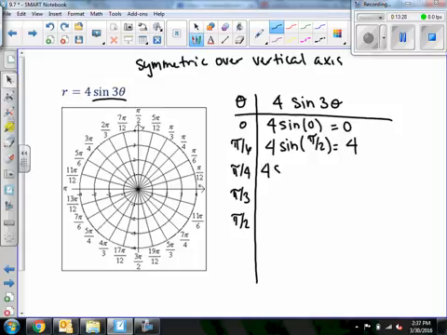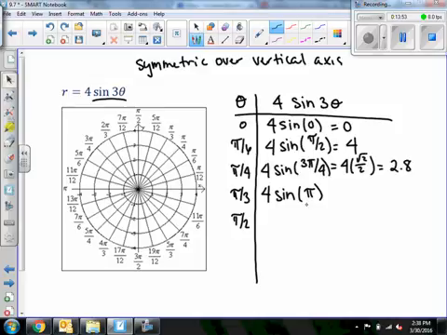This becomes 4 sine of 3 pi/4, which is going to be 4 times radical 2 over 2, which gives me 2 radical 2, which we've approximated today to be 2.8. This is 4 sine of 3 times pi/3. 3 times pi/3 is really just pi.